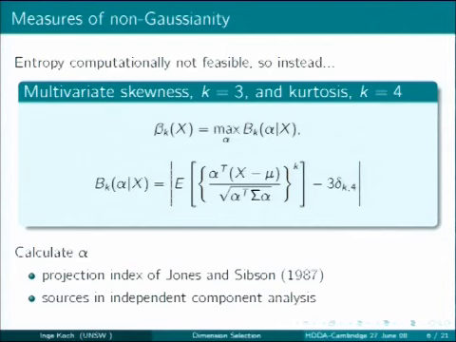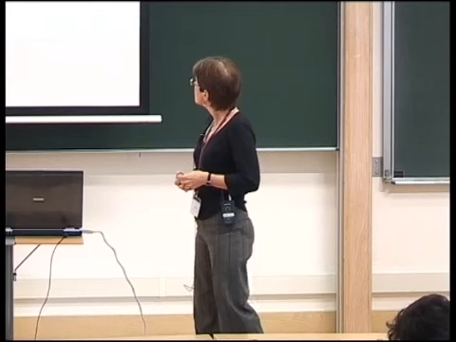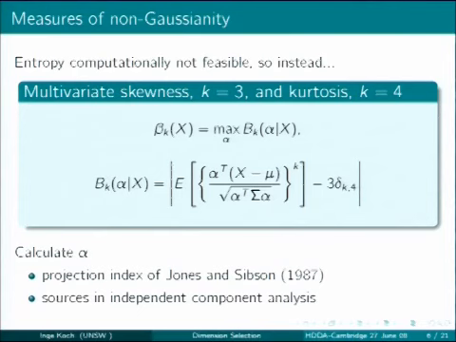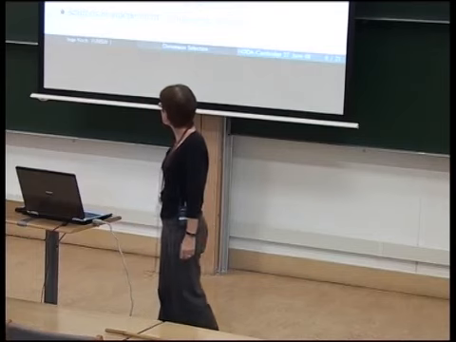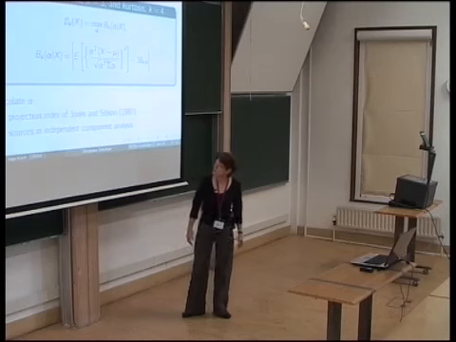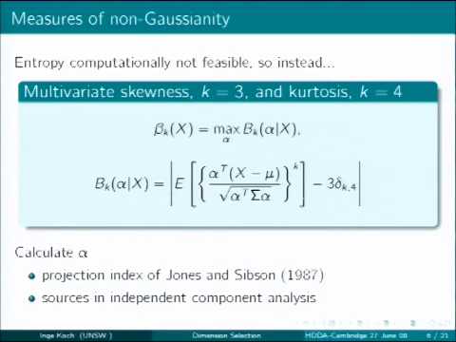Okay, we know most of that, modulo the fact that we don't have the population parameters, but we can replace them by the sample parameters. The quantity we have to estimate in the beta is the unit vector alpha, the direction vector alpha into which we want to project. And of course, these quantities have been around for a while, so we also know how to calculate it. In particular, there are two methods. One was suggested by Jones and Simpson in '87, which is the projection index, which gives us a way of calculating the alphas.